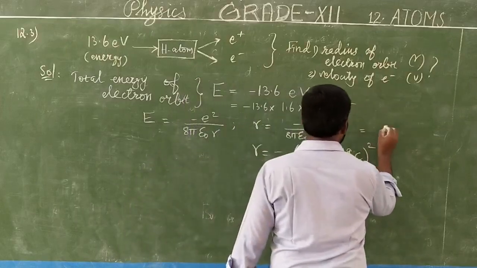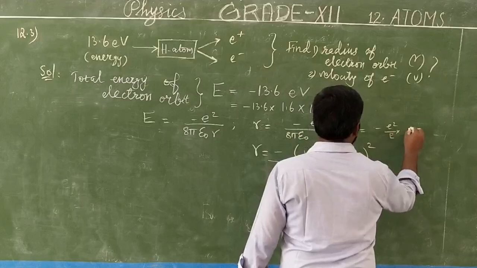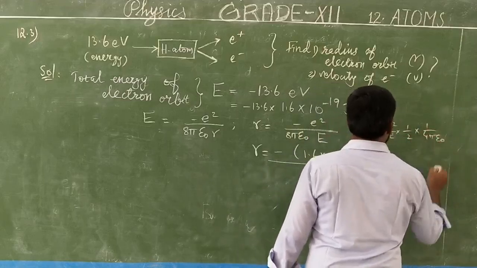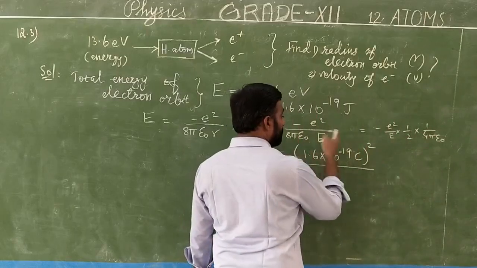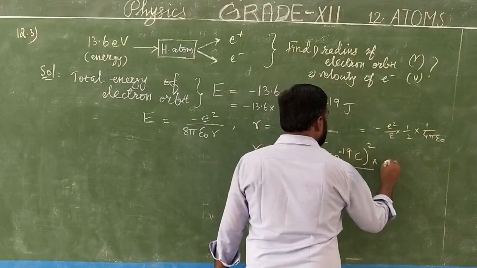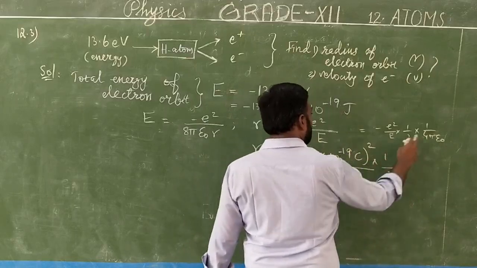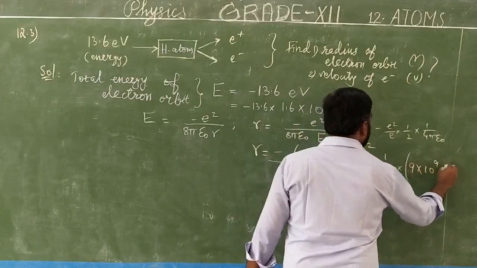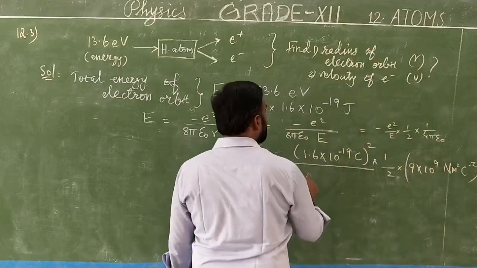You can simply write it as minus e square by e into 1 by 2 into 1 by 4 pi epsilon naught. Why did I change the formula? 2 into 4 is 8, so I rearranged it like this. Into 1 by 2 into 1 by 4 pi epsilon naught, which is 9 into 10 to the power 9 newton meter square coulomb inverse square, divided by the total energy.